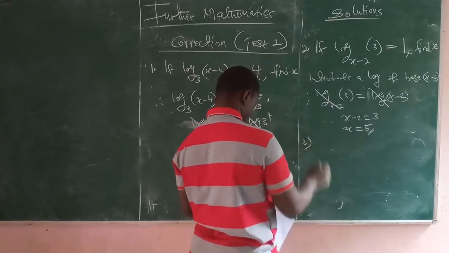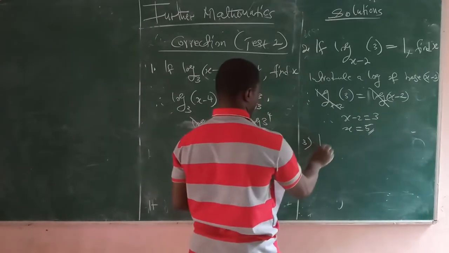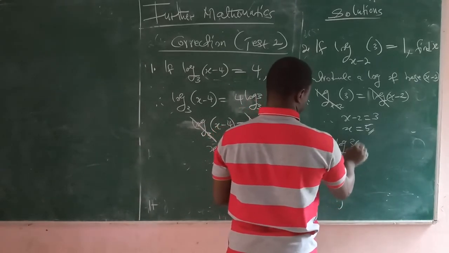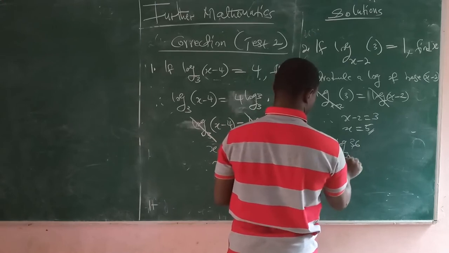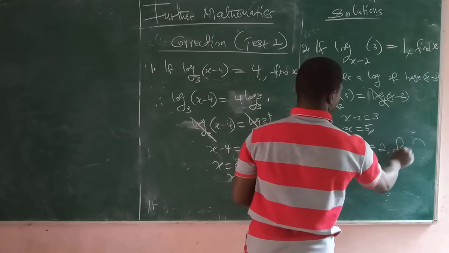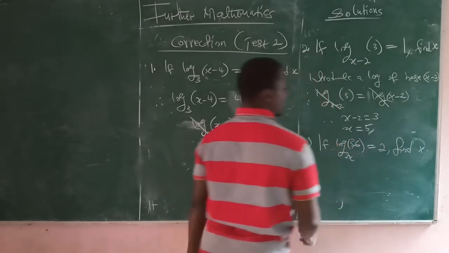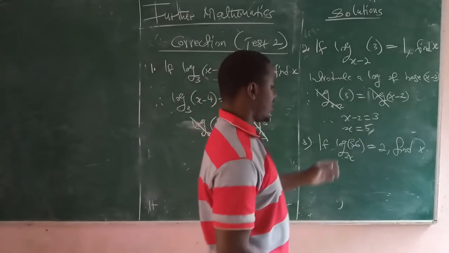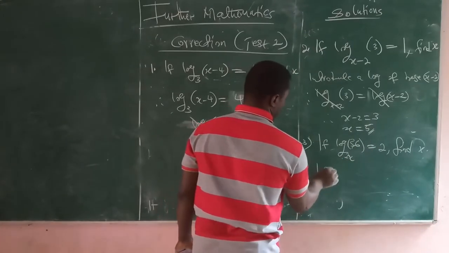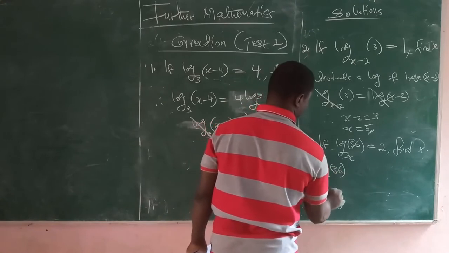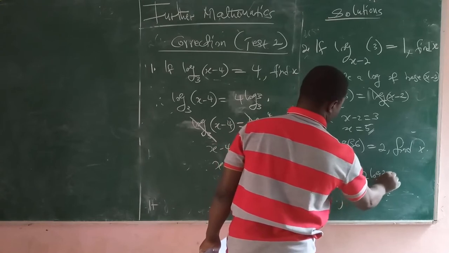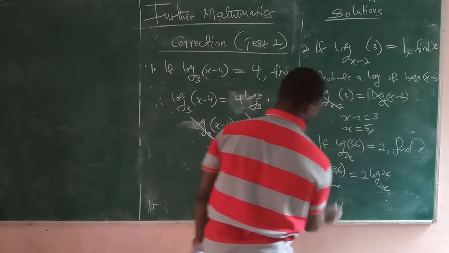Then the last one. If log 36 base 2x is equal to 2, find x. In the same way, I will introduce a log of base 2x on this side. So I'm going to have log 36 base 2x is equal to 2 log 2x base 2x. See?